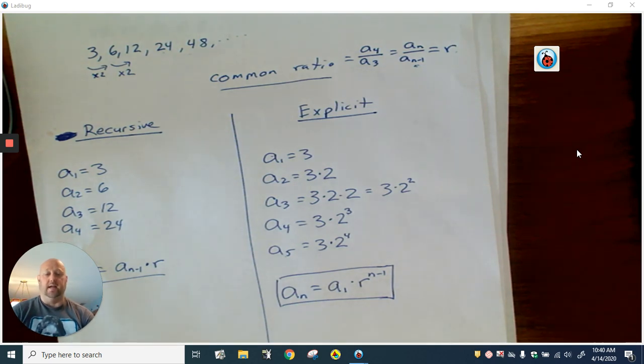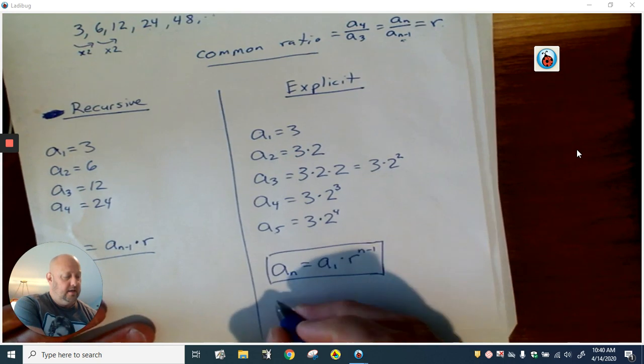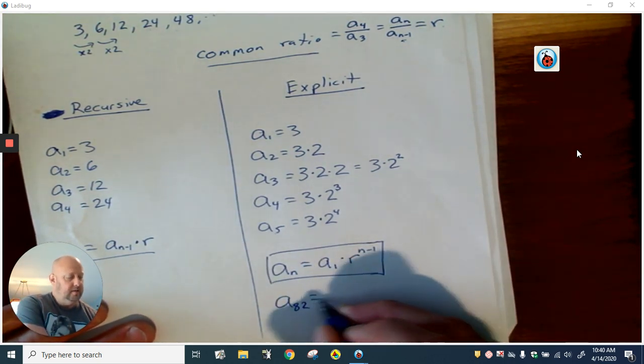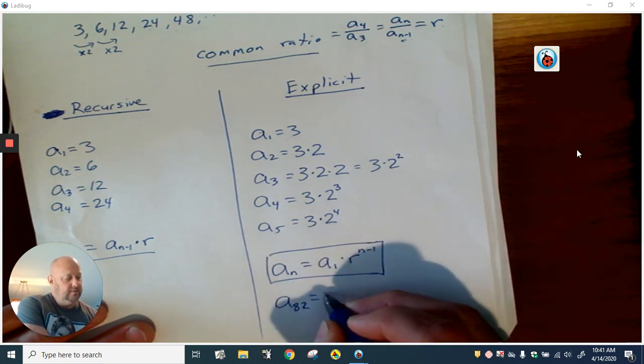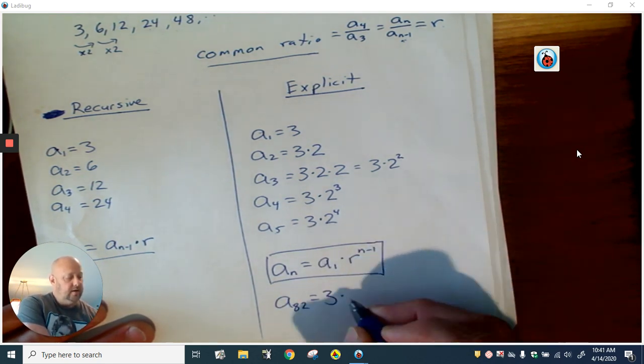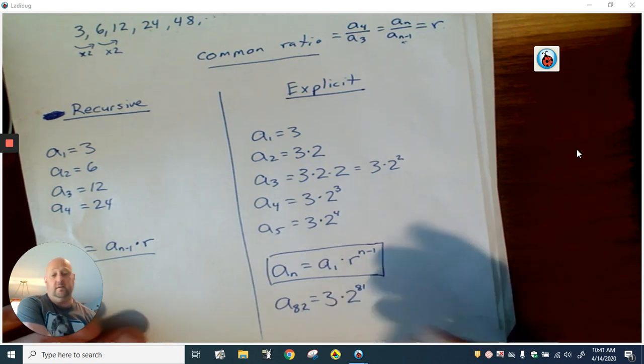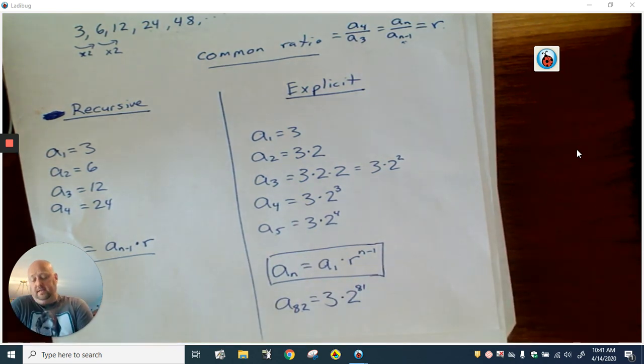If I wanted to find the 82nd term of this pattern, I would find my a sub 1, which is 3, my r value, which is 2, and raise it to the 81st power. I could type that in the calculator and get an answer. Of course, that one would be pretty darn big.